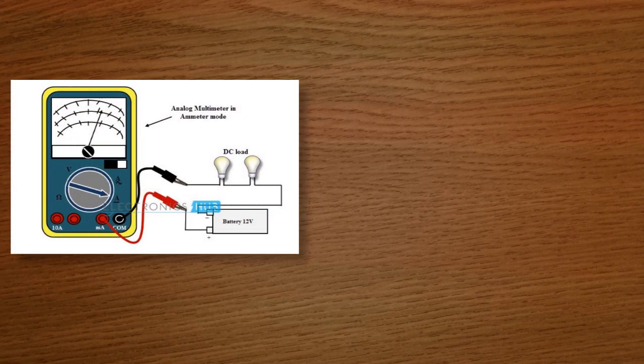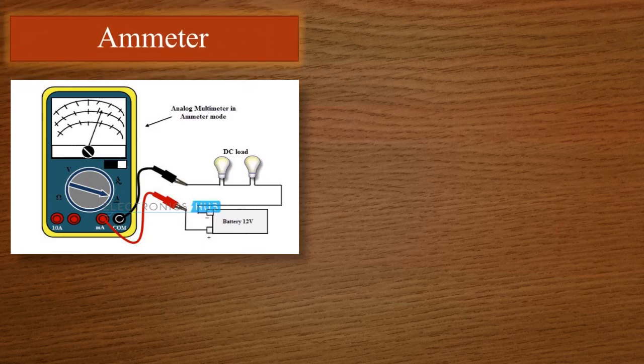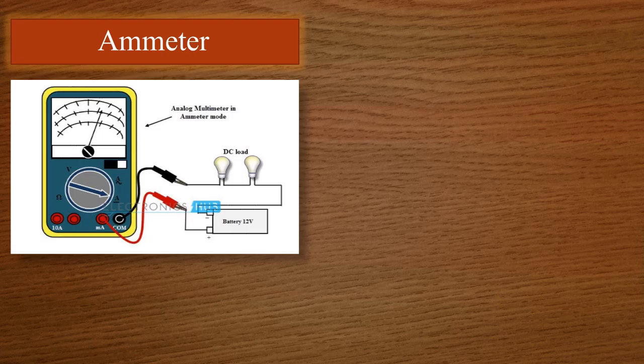Now we are going to discuss this thing. What is this thing? This is an ammeter, and this ammeter is used to measure the electricity flow. You are seeing that the ammeter is connected. One side of the ammeter is connected with the devices and the other side of the ammeter is connected with the battery.